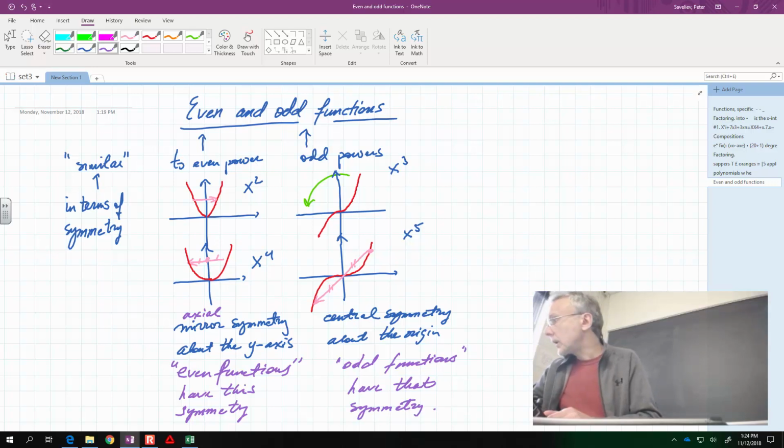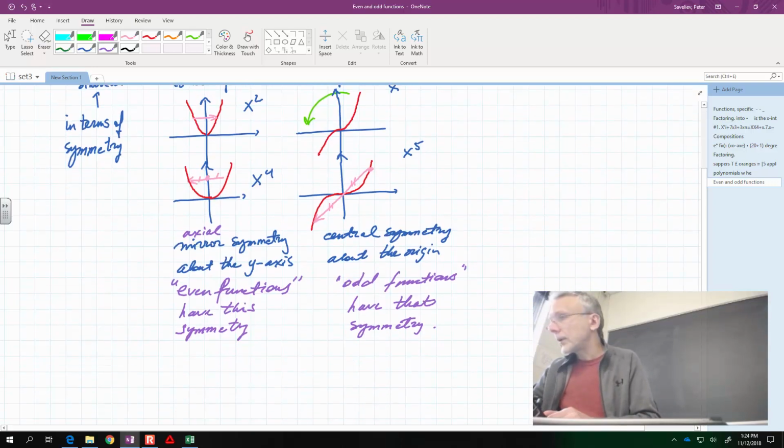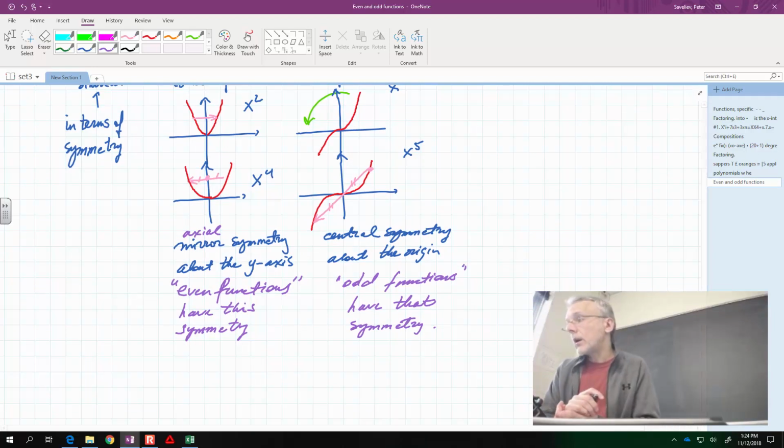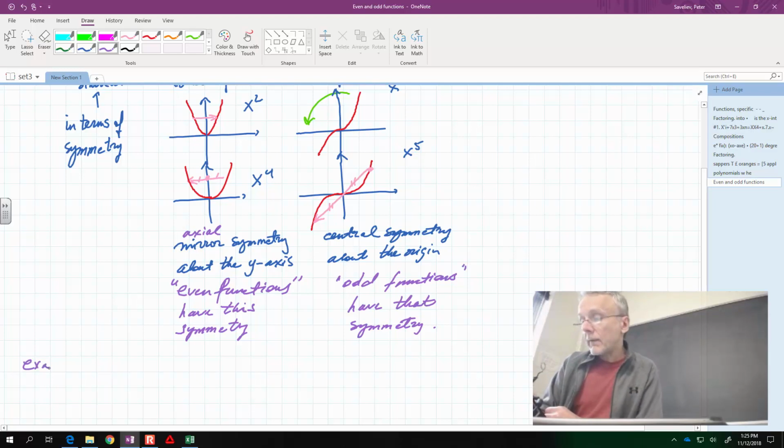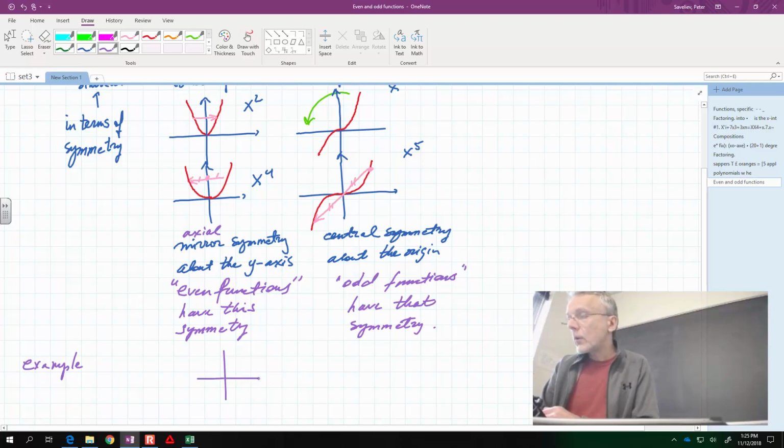Well, let me quickly have a couple of examples, at least, of functions that have the symmetry but are not exactly the power function. The easiest one is just a vertical shift. For the first one, you have a vertical shift, which will not change the symmetry about the y-axis. So it still has the same property.